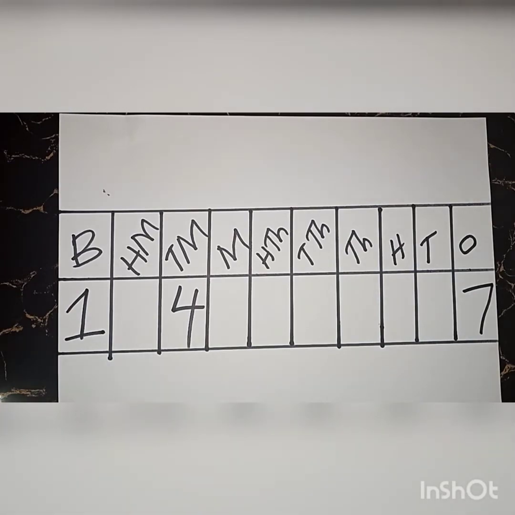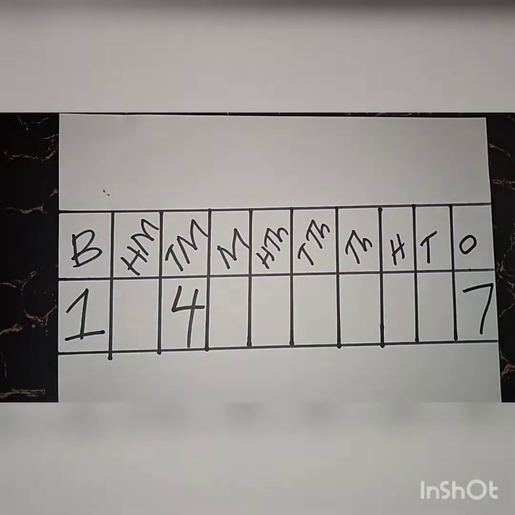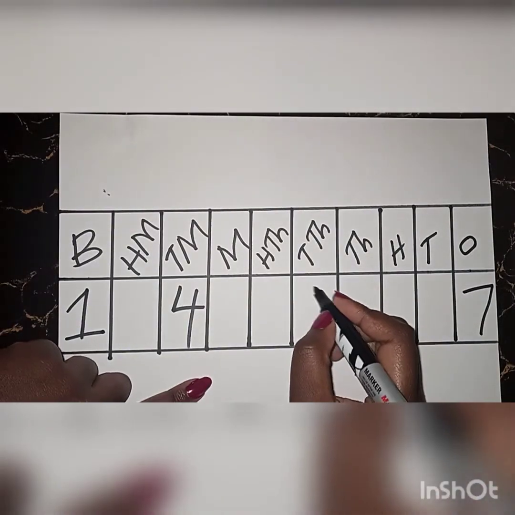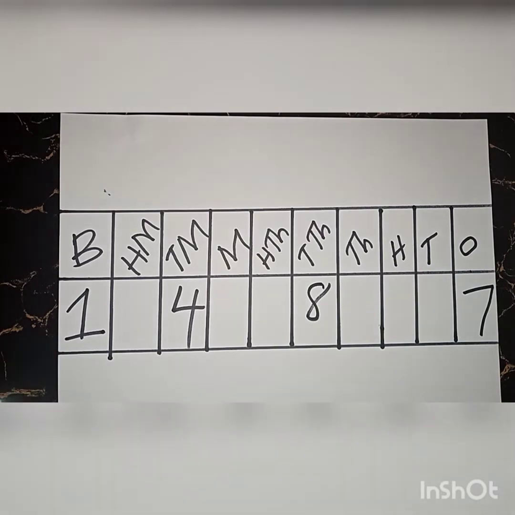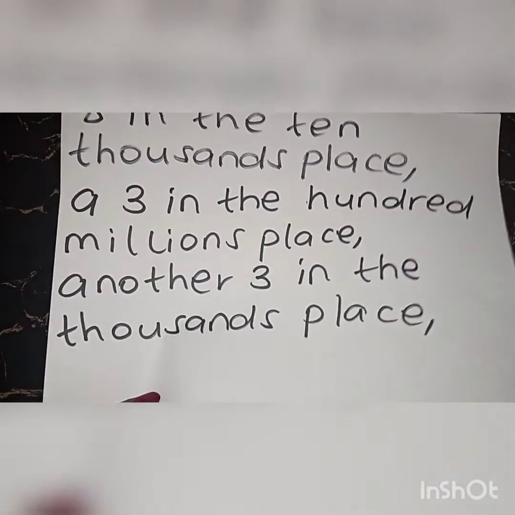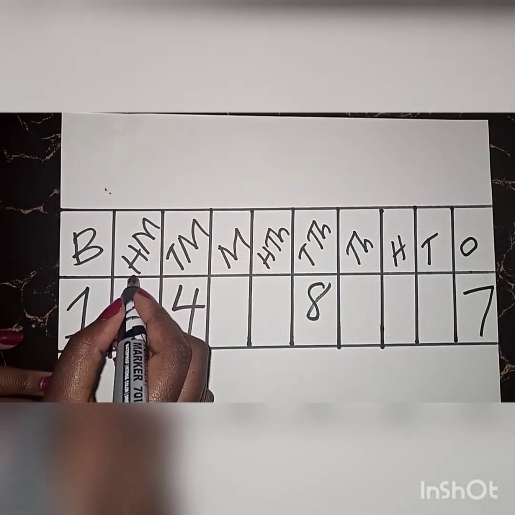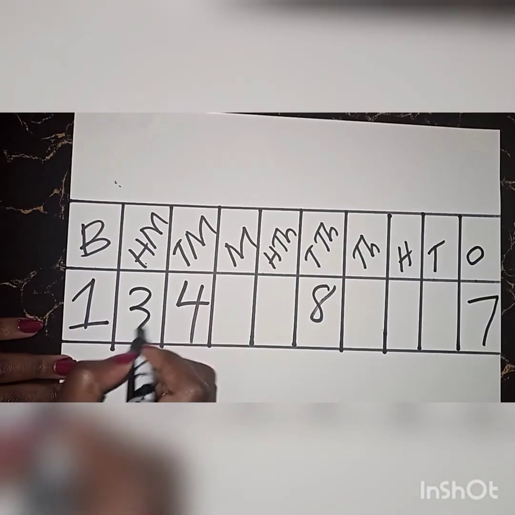An 8 in the 10,000s place. So our 8 will be here. A 3 in the 100 millions place. So our 3 will be here. Okay? Another 3 in the thousands place.